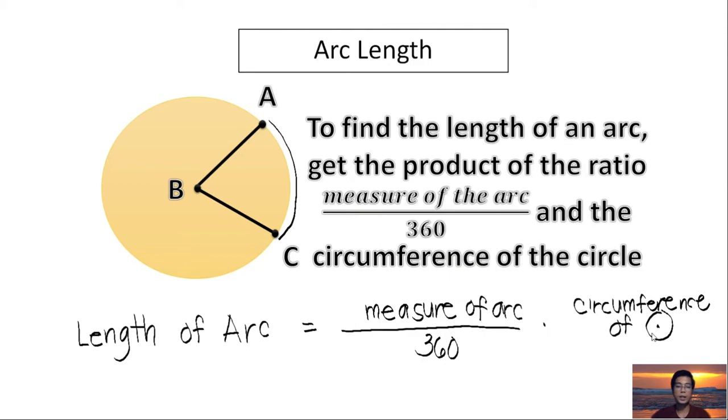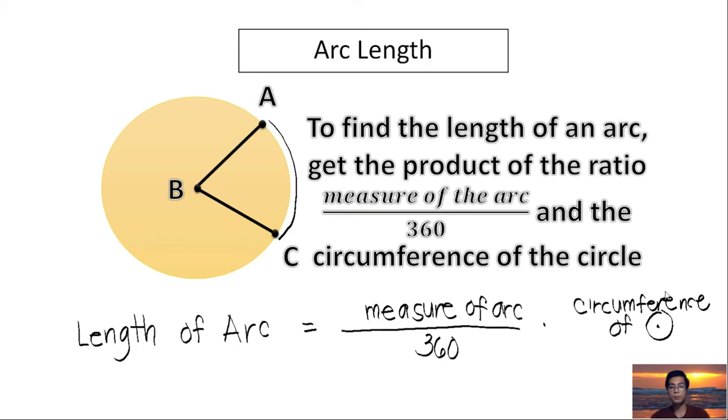So, ito po yung ating gagamiting formula. Again, length of arc equals measure of arc over 360 times circumference of the circle. Parang may hawig siya sa sector, tama, sa area of the sector. Ang kinaiba lang, yung nandito sa may dulo, imbis na area, ang nakalagay dito is circumference of the circle.